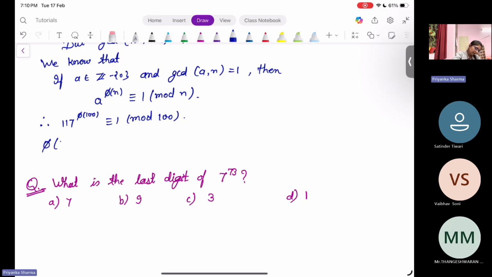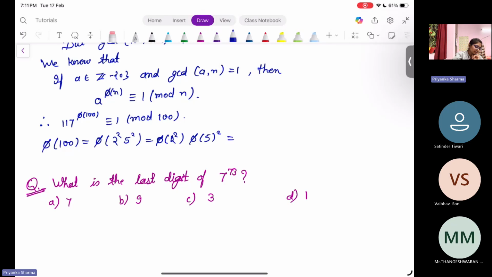to calculate phi of 100, we need to consider the prime factorization form of 100. So phi of 100 is 100 into 1 minus 1 by 2 into 1 minus 1 by 5, because its prime factors are 2 and 5. So this will be phi of 2 square and phi of 5 square.